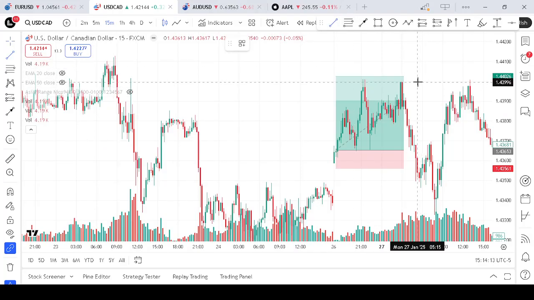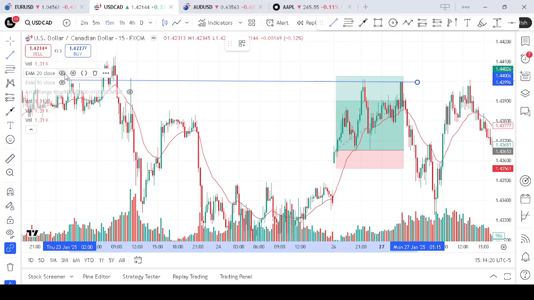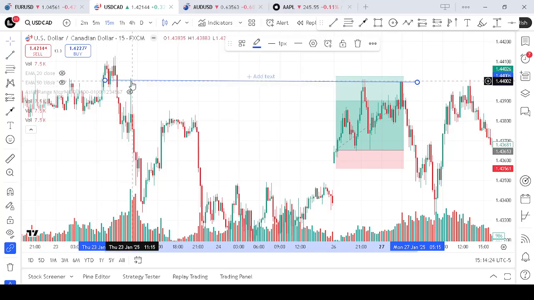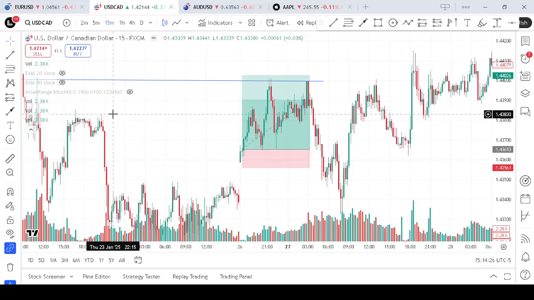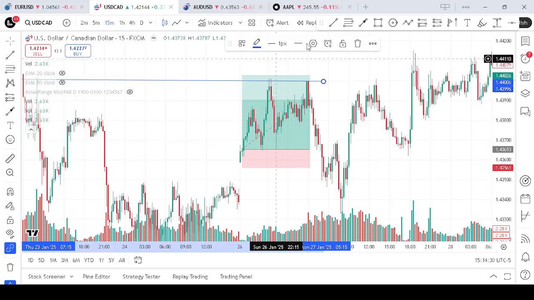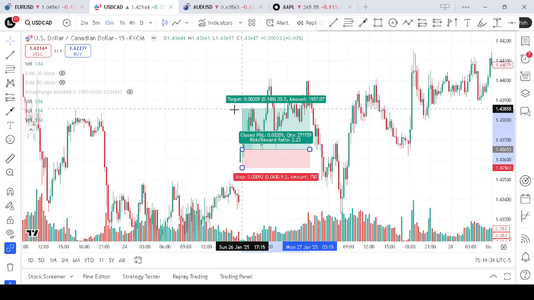As you can see, a lot of resistance was going on in this area of the market. So we can aim for areas like this, which gives us 1:4. But if you want to be conservative, we can just aim for 1:2 or 1:3, as the case may be.